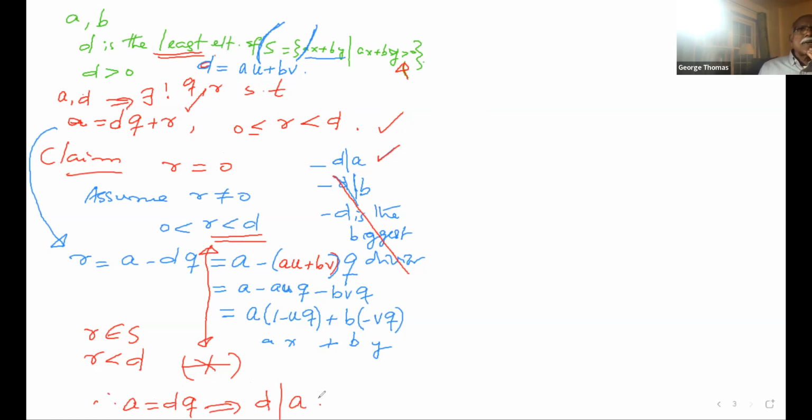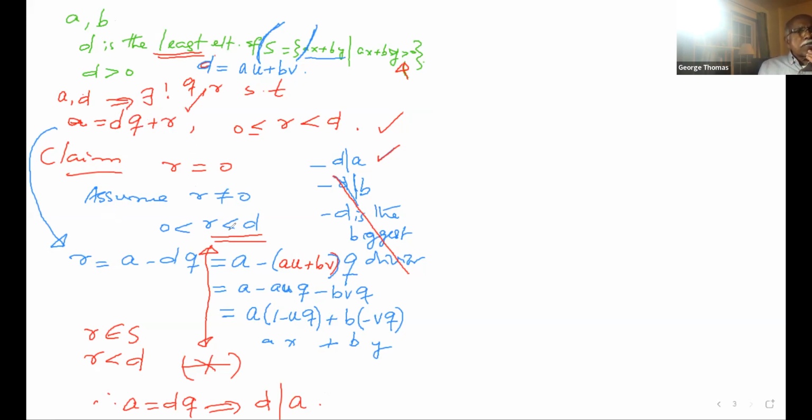Okay? Here is the proof of it. This D divides A. Has anyone understood that? If A equals DQ plus R, we found that R has to be 0.